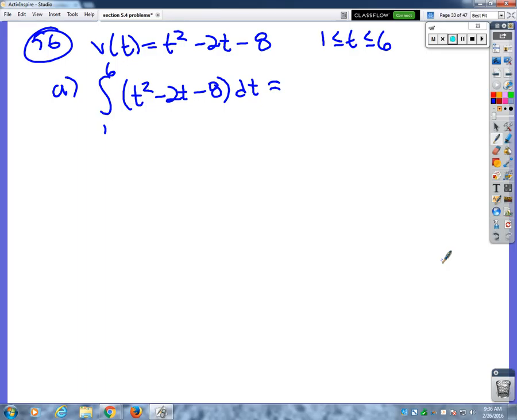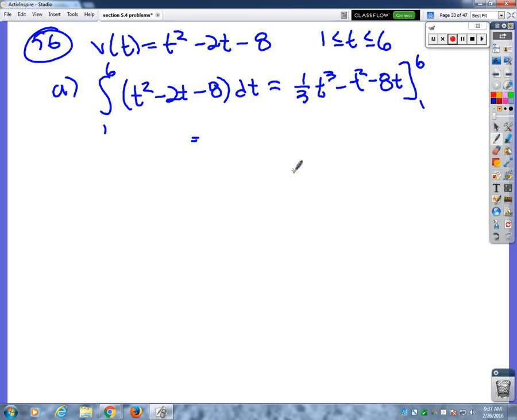Did you get 68 1/3, Joe, for that? Uh-oh, disagreement. Okay, what was your antiderivative, Cameron? 1/3 t cubed, and you have to say it that way, minus t squared minus 8t, and that is from 1 to 6. Okay?